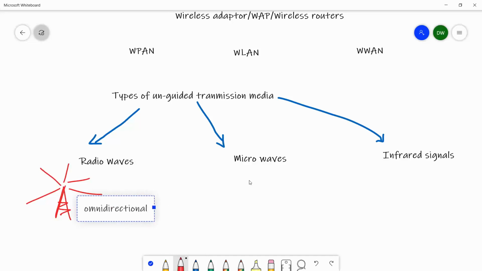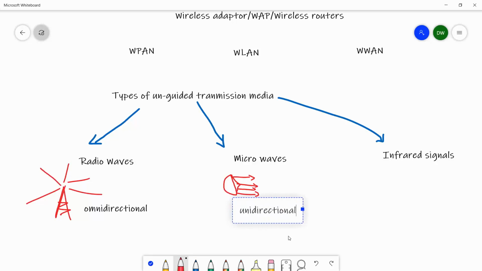right? So when it comes to microwave, it is unidirectional. For example, you may have seen a kind of antenna called a dish antenna. When we use dish antennas, the signal propagates like this into a particular direction. So that means it is unidirectional. Here I have drawn an antenna which is called a dish antenna.